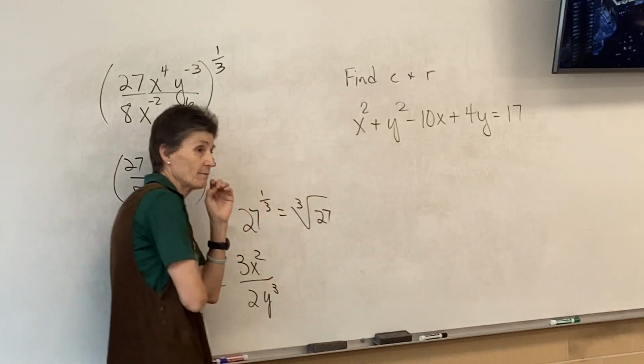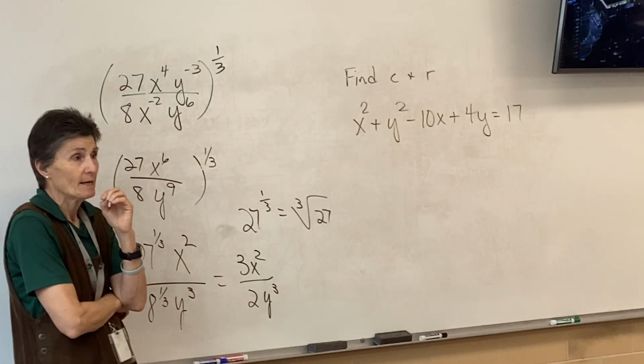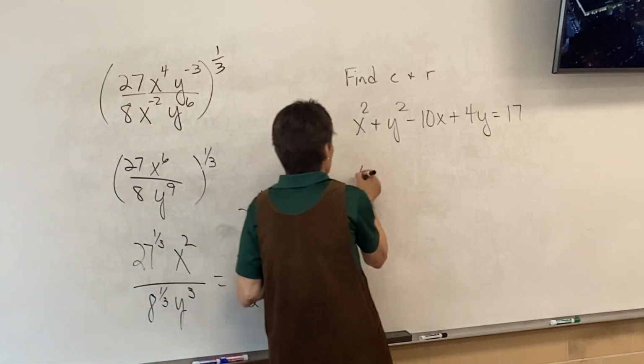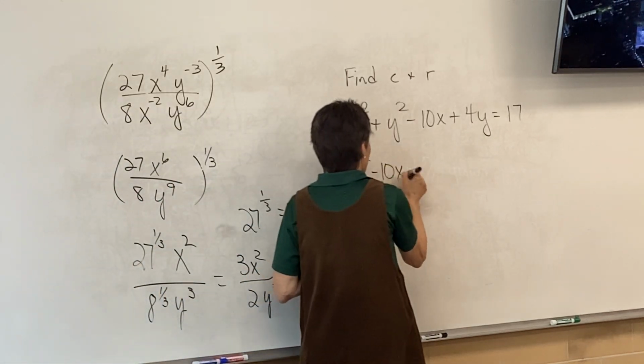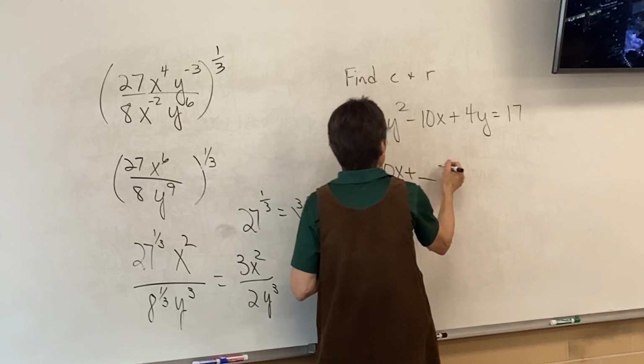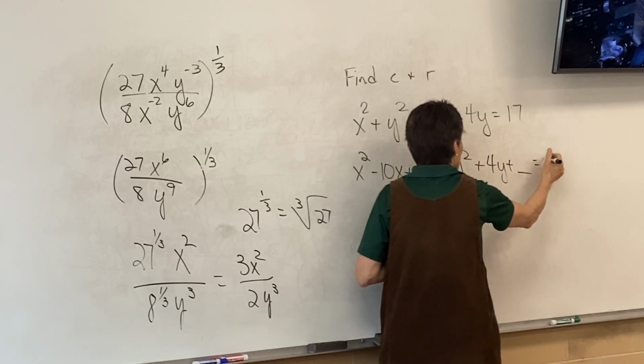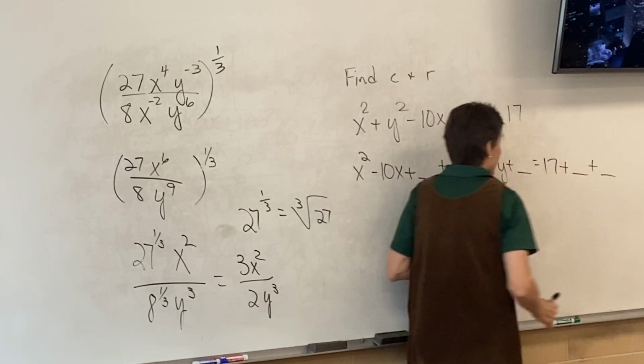So what do we have to do to find the center and the radius? Group the x's and y's. Yep, I'm going to do some grouping here, so x squared minus 10x plus something, y squared plus 4y plus something equals 17 plus those somethings.